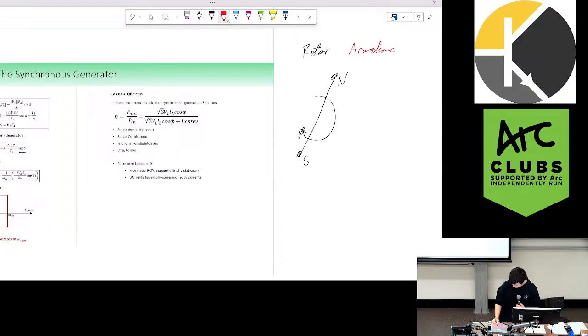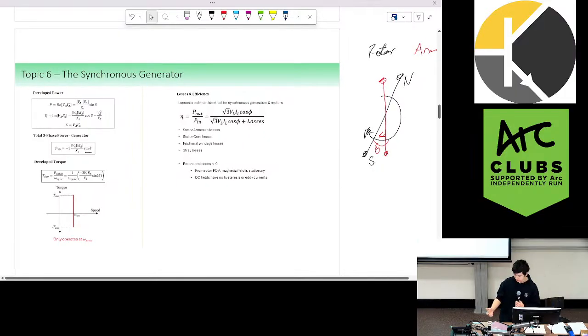Your armature might be a little lagged, and it is trying to match what is being generated, okay? So we end up with an angle difference, which we call delta, and that corresponds to the phase difference between your voltage at the terminals and your excitation of your armature.